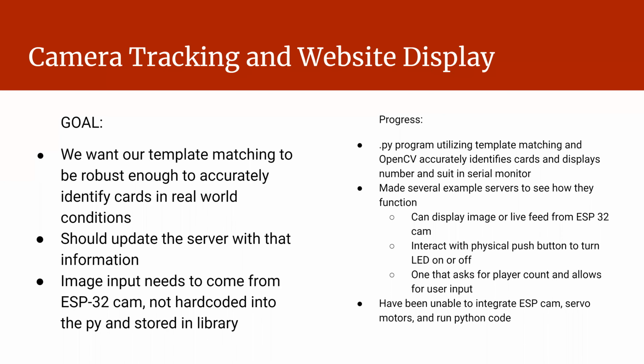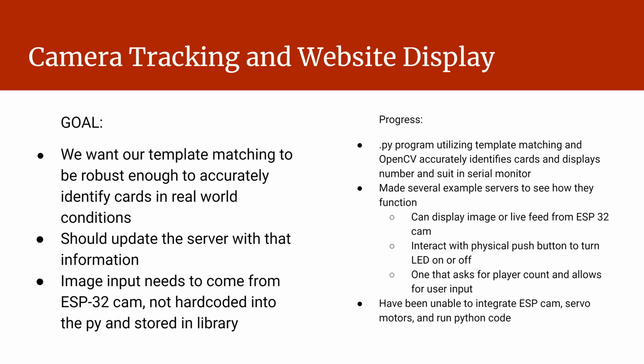So some goals in terms of our camera tracking and website display: some more specifics are we are using template matching to accurately identify the cards' identities. And so we want it to be accurate and robust enough that it would be able to do this in real world conditions, because right now we're using some pre-taken photographs.